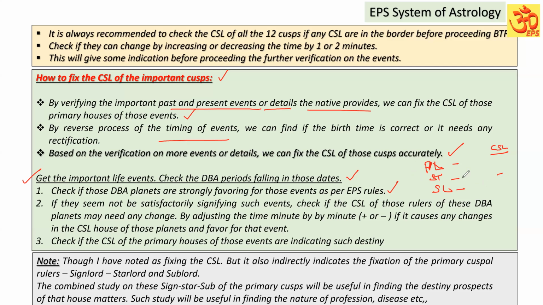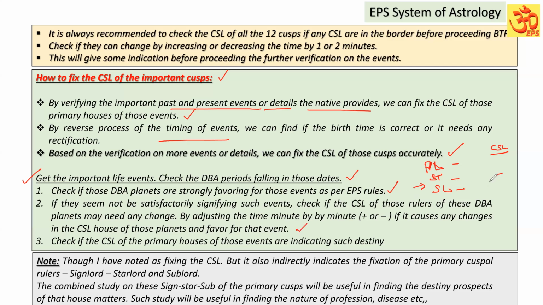But this planet only has given the event, marriage especially. It means that definitely the star lord planet or sublord planet should be better. So we have to see whether the cuspal sublord of the rulers of these DBA planets may need any change. By adjusting the time minute by minute, plus or minus, if it causes any change in the cuspal sublord of the particular rulers of those planets so that they favor the event.